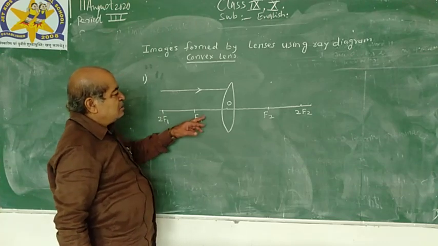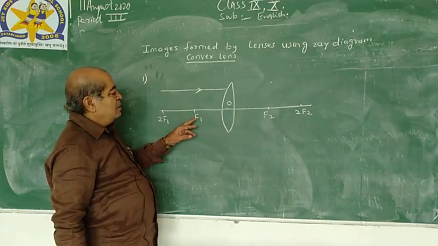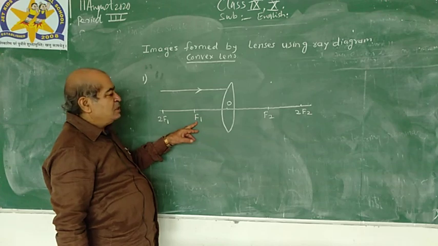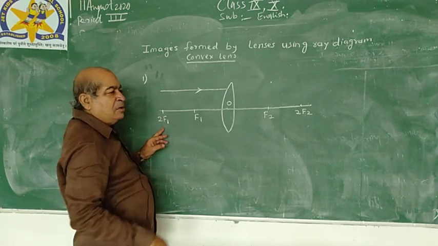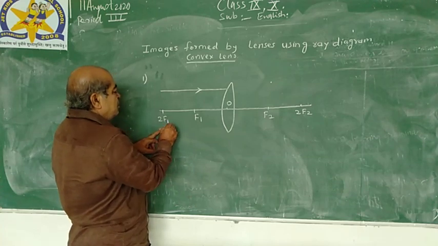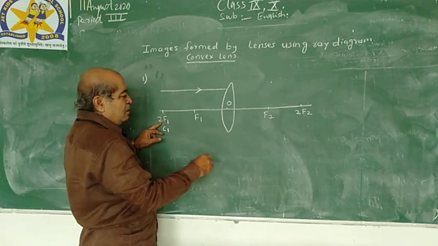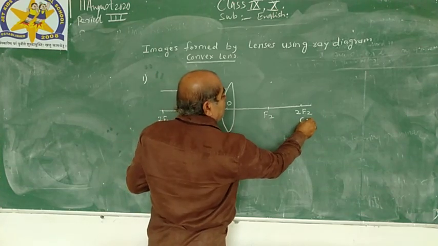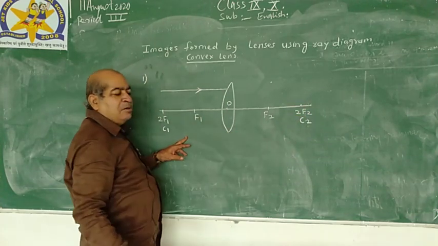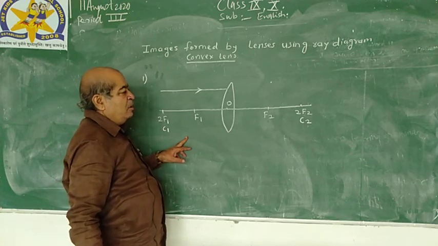This is convex lens. F1 is the principal focus, and this is center of curvature C1 or twice F1. This is principal focus F2 and the center of curvature C2.